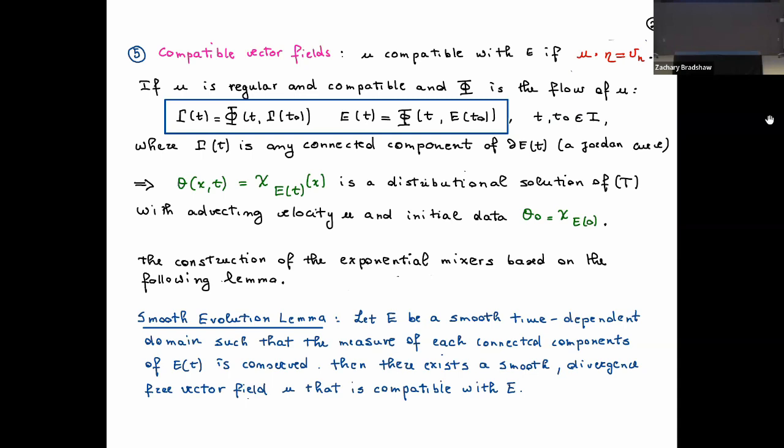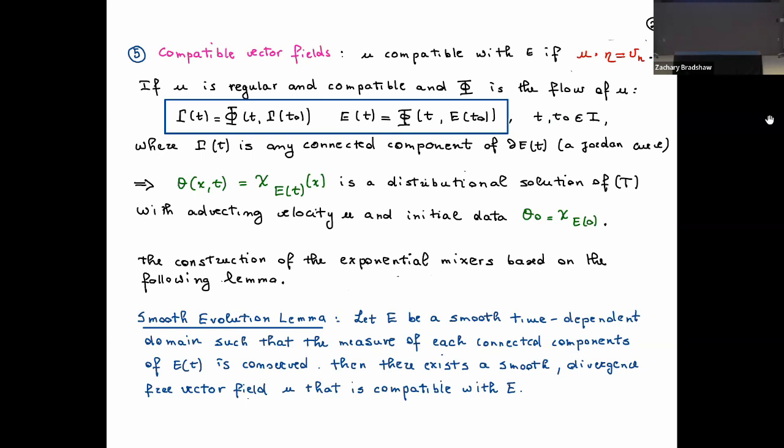That's the idea. So the construction of the exponential mixer is based on this lemma, which is of independent interest. We call it the smooth evolution lemma. If you give me a time-dependent smooth set, such that the measure of each connected component of E_t is conserved, then there exists a smooth divergence-free vector field U that is compatible with it.